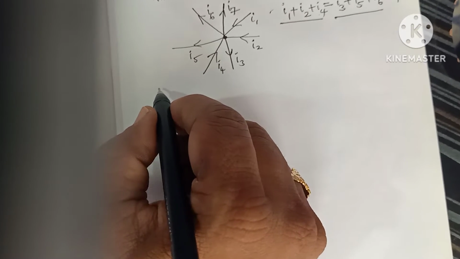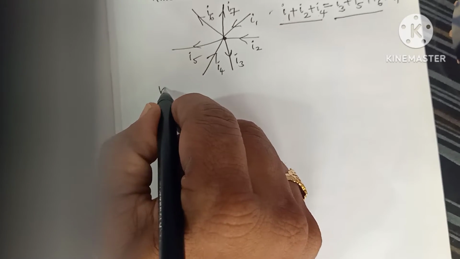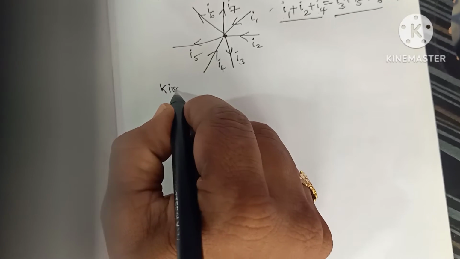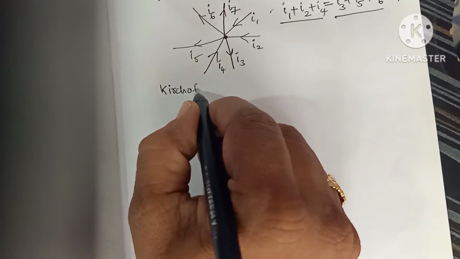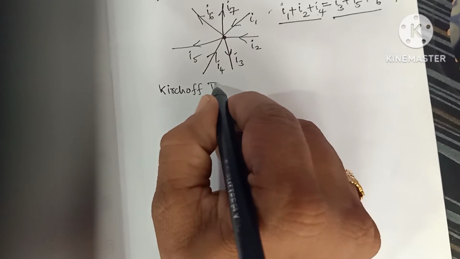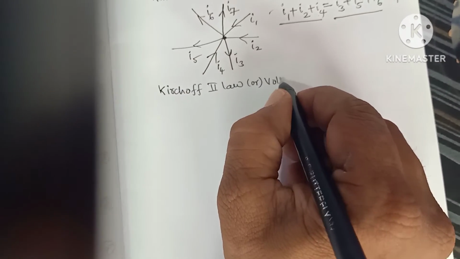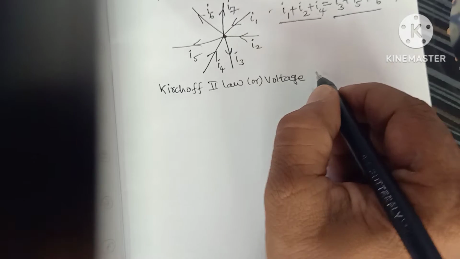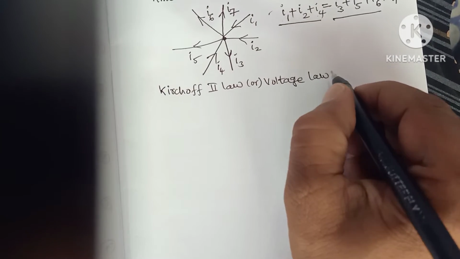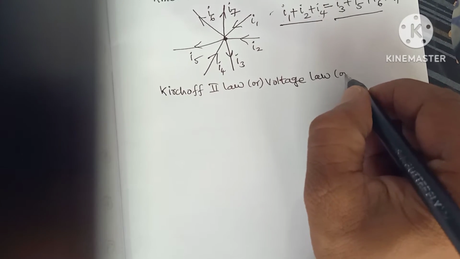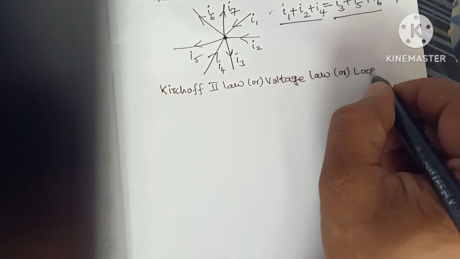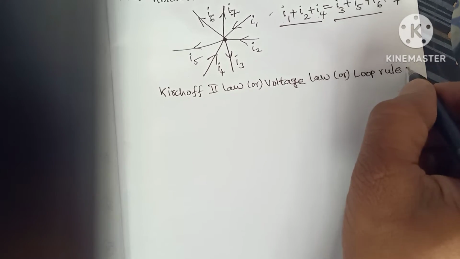After Kirchhoff first law or current law, which is also called junction rule, we will go for Kirchhoff second law, which is also called voltage law, which is also called loop rule. All are same.